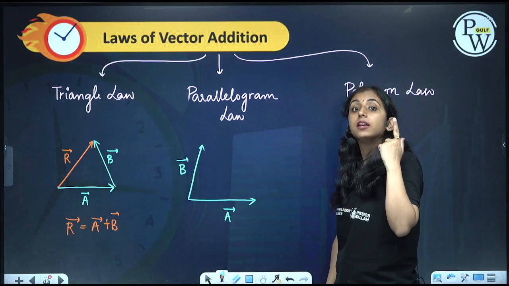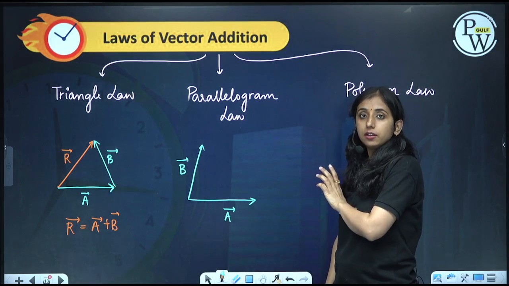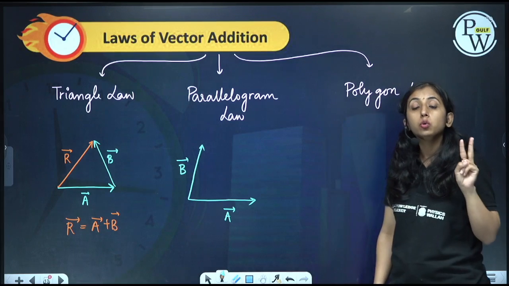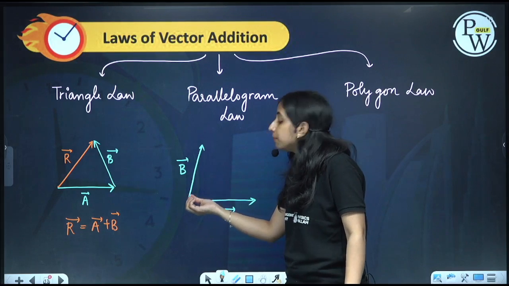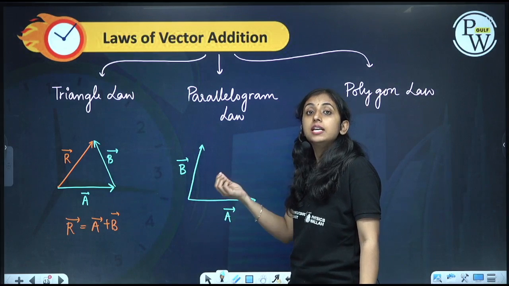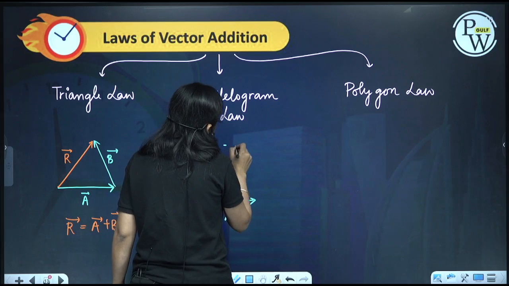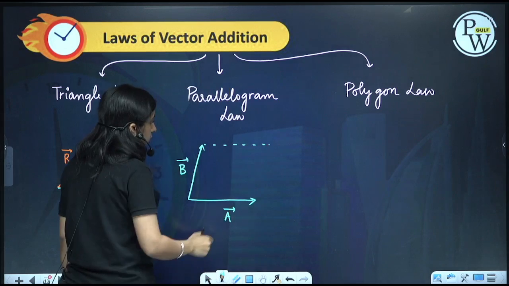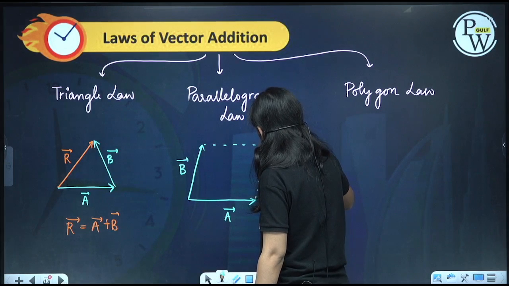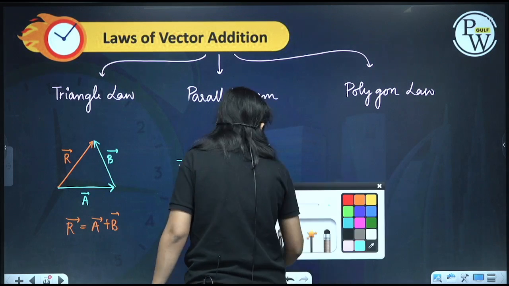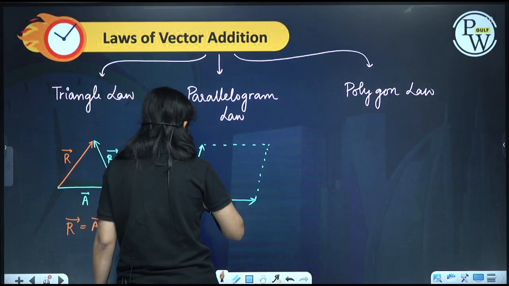Which sides? Adjacent sides. If I can represent the two vectors by two adjacent sides of a parallelogram having the same initial point, then the resultant of these two vectors will be represented by the diagonal of the parallelogram originating from the same point.